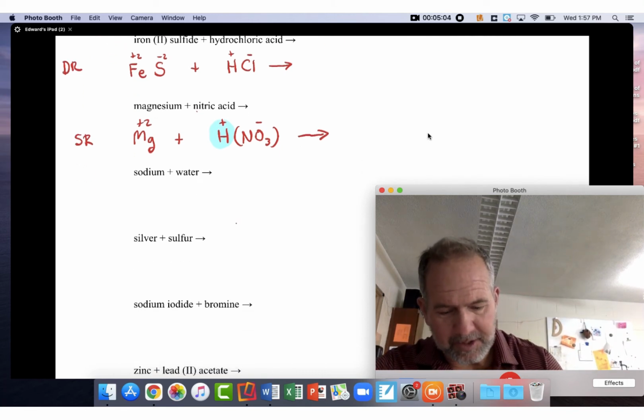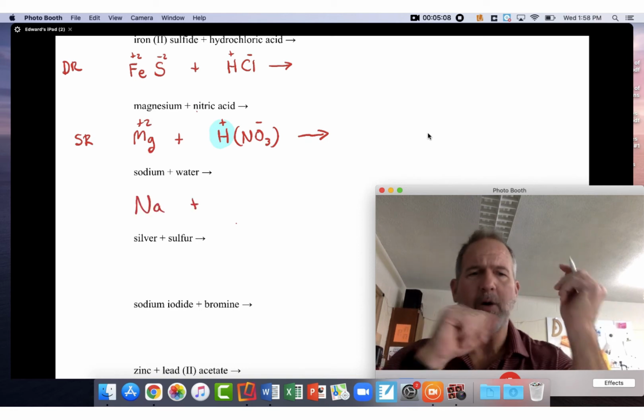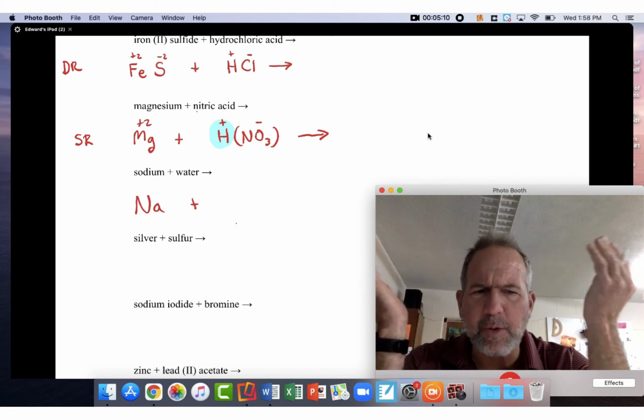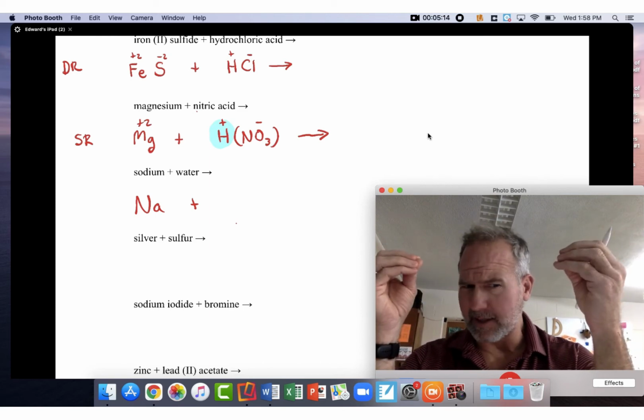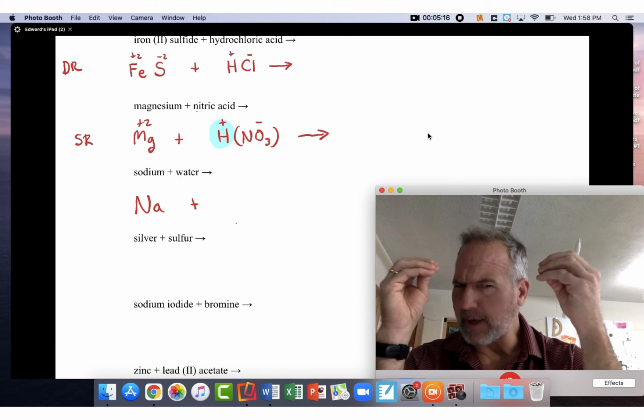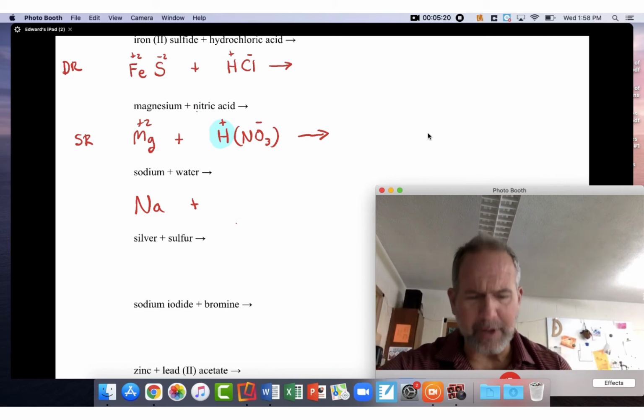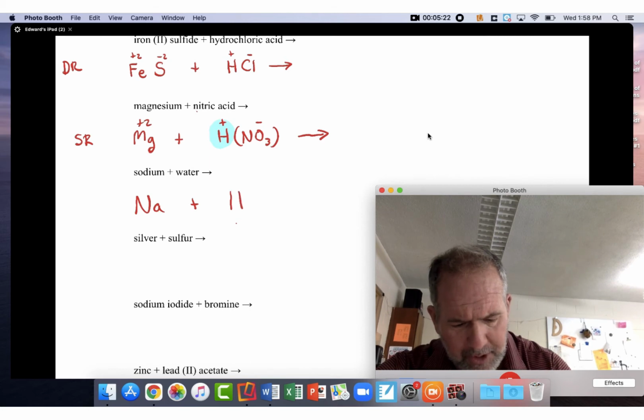All right, now, this time we have sodium, Na, plus water. Now, water doesn't react as H2O. It does sometimes, but in this case it doesn't, right? And you'll learn later in this chapter when it does and when it doesn't. But in this case, it's going to react as HOH, right? Still water.